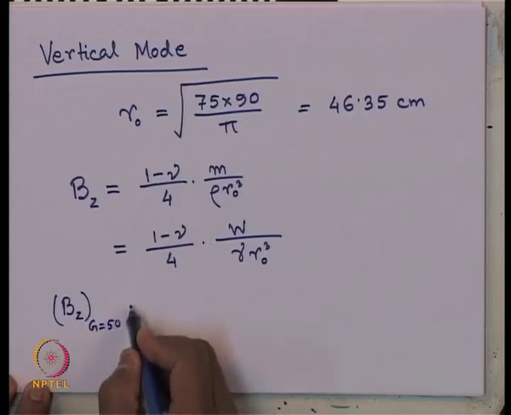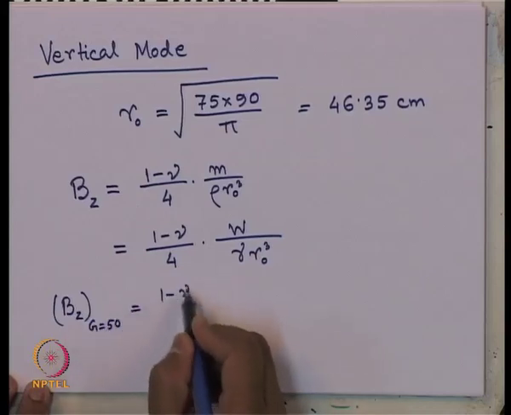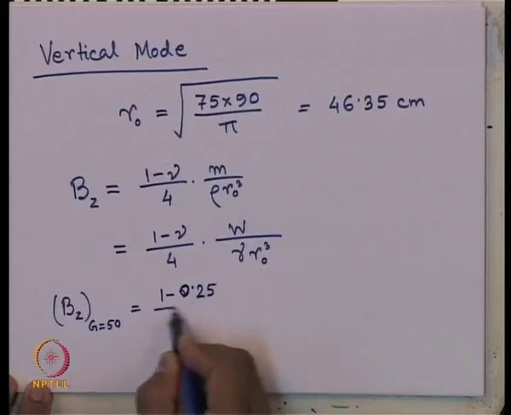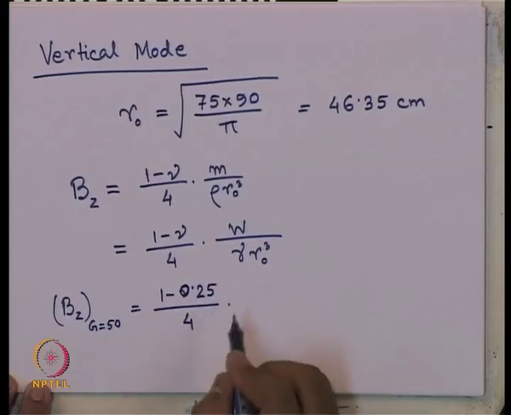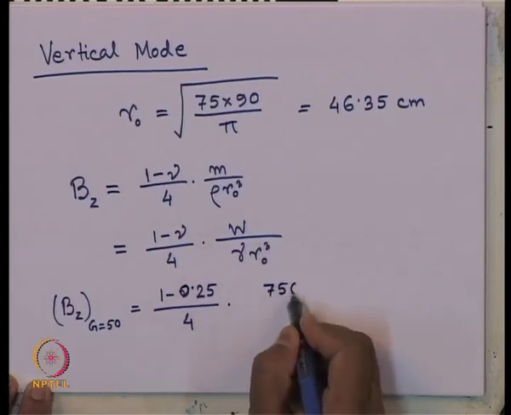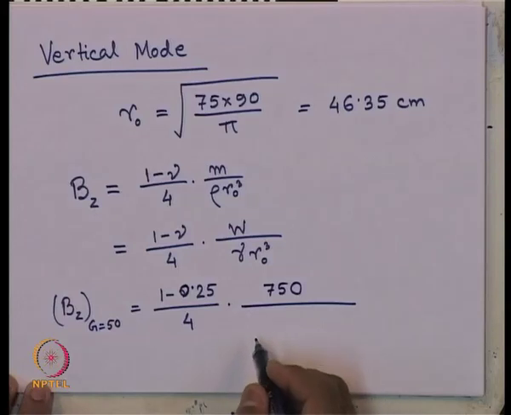For G equals to 50, what we are getting: 1 minus this mu value is given to us 0.25 by 4. What is W? 750 kg force, and how much is our gamma?